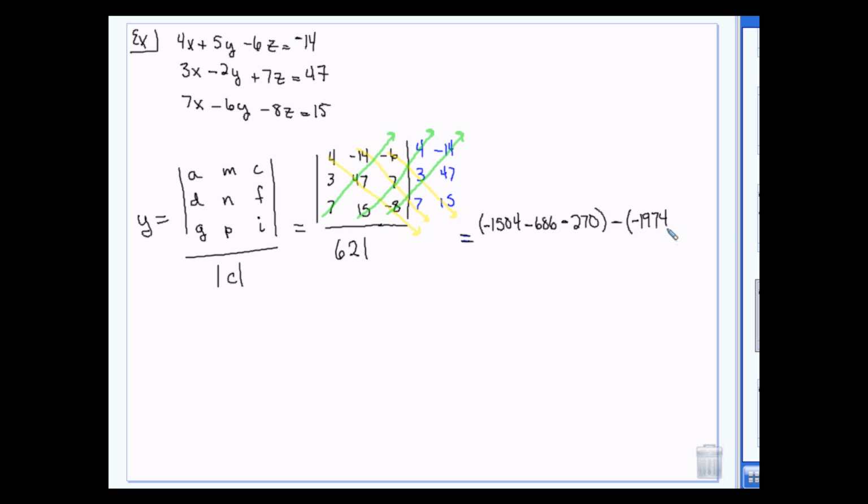And I'm going to run out of room. Plus 420. And then I'm just going to write it up here. And then I have 8 times 3 times 14. Also positive, so plus 336. That's not too confusing, is it? Okay. And all that is going to be over 621.